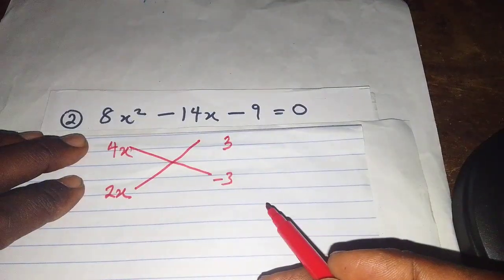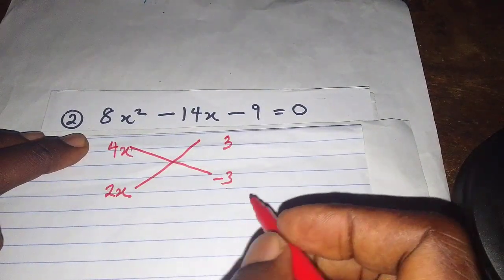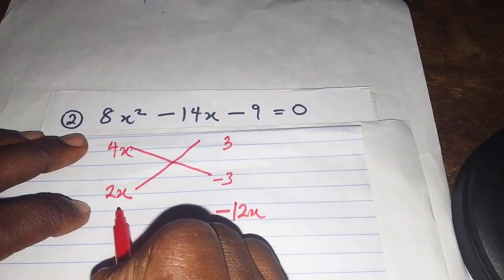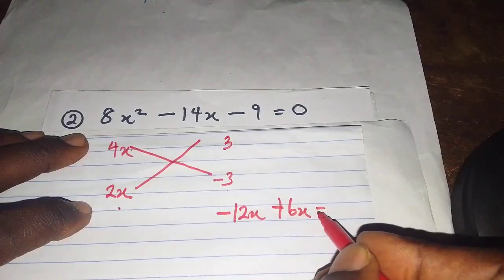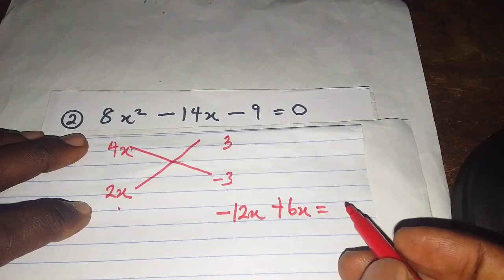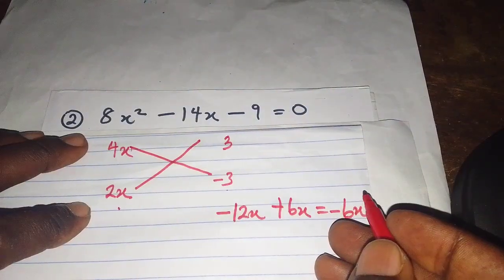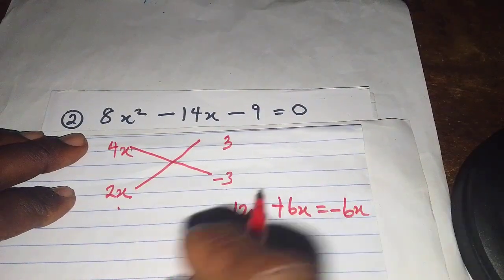Let's check if it gives us what is in the middle. 4x times minus 3 will give me minus 12x. 2x times 3 will give me plus 6x. Minus 12x plus 6x will give me minus 6x. Again, this does not give me what I needed, so I'm going to change the numbers again.